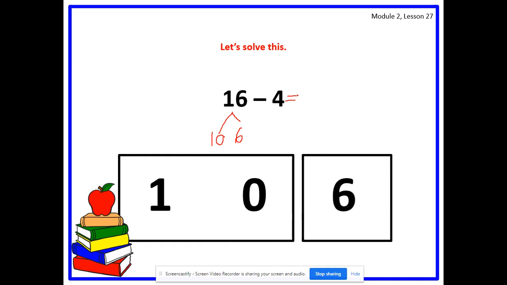Just like this. And now we are going to subtract. Do you want to subtract 4 from our 10 or from our 1s? Well, we can do it from our 10, right? Since that's what we've been practicing. Let's go ahead and circle 10 minus 4.